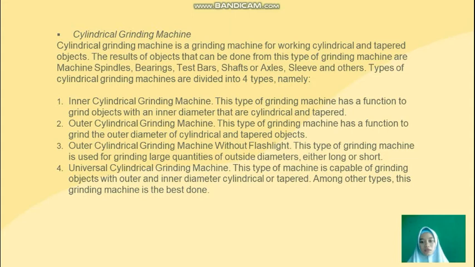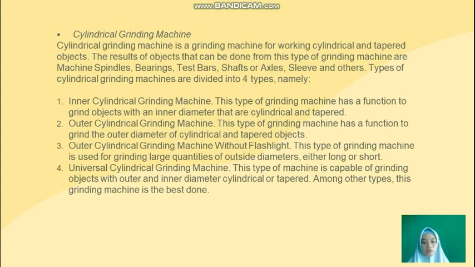This type has a function to grind the outer diameter of cylindrical and tapered objects. 3. Outer cylindrical grinding machine without center. This type is used for grinding large quantities of outside diameters, either long or short.